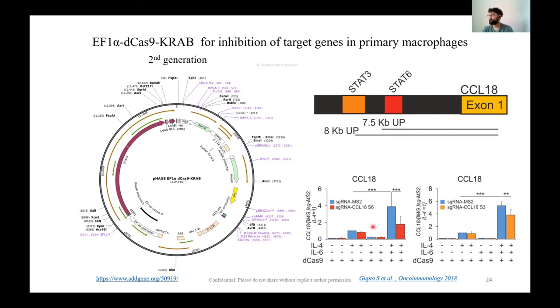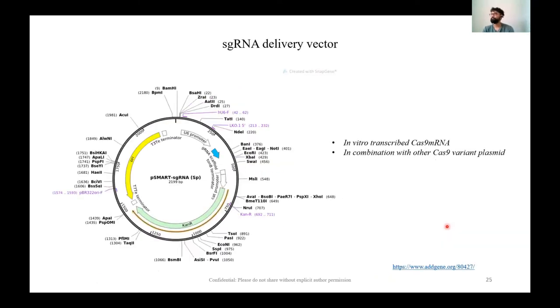With IL-4 and IL-4/6, this is increased, and after blocking this region, this is further decreased. This was confirmed through both qPCR and chromatin immunoprecipitation, so basically another technique, a ChIP assay. The delivery vector I used for this was BSmart, so you can use this as well.